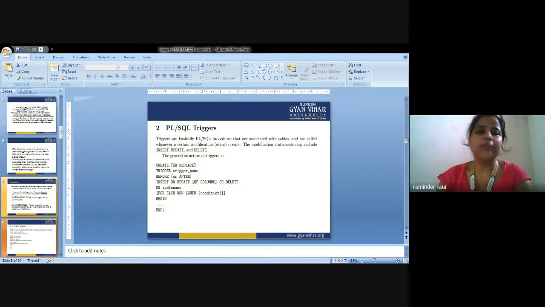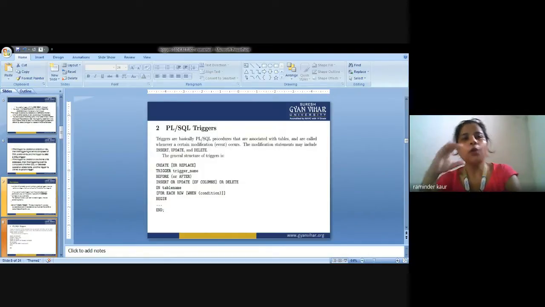PL SQL extends SQL by adding constructs found in procedural languages, resulting in a structured language that is more powerful than SQL. The basic unit in PL SQL is a block of code. All PL SQL programs are made up of blocks, which can be nested, that is, a block within a block.